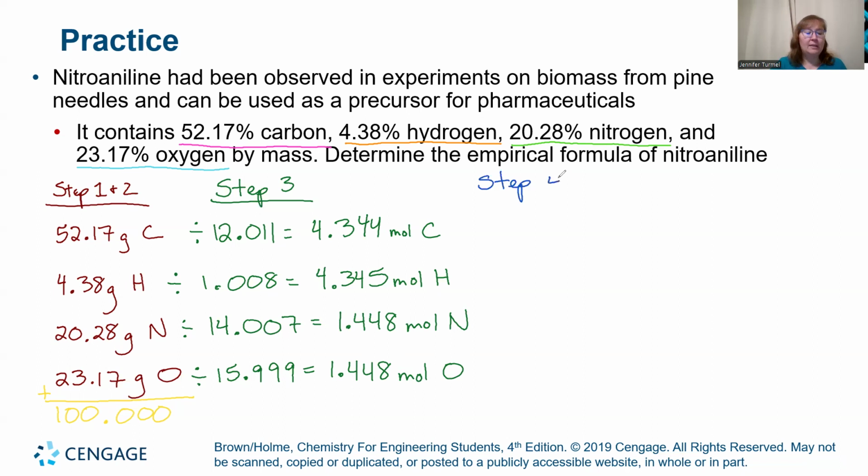Okay, and step 4 here says to take the smallest one. So we have 2 here that are 1.448 and multiply everything by whatever is the smallest.